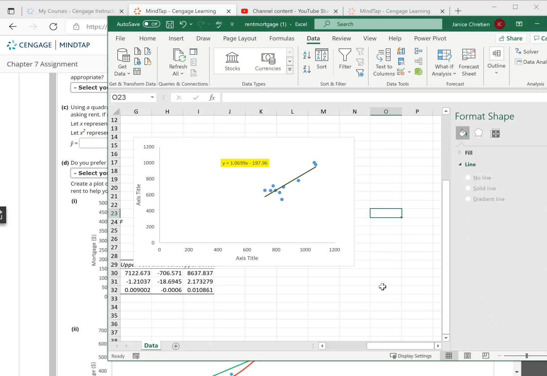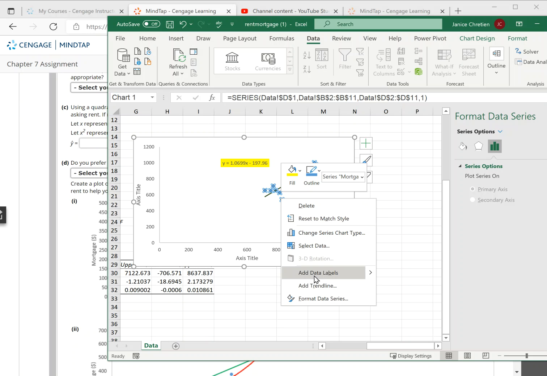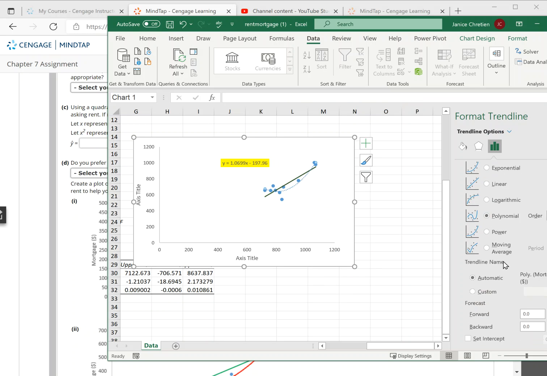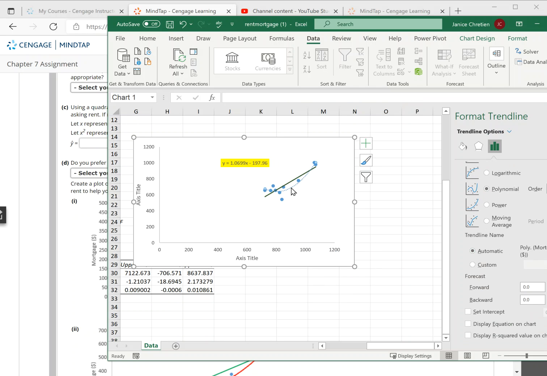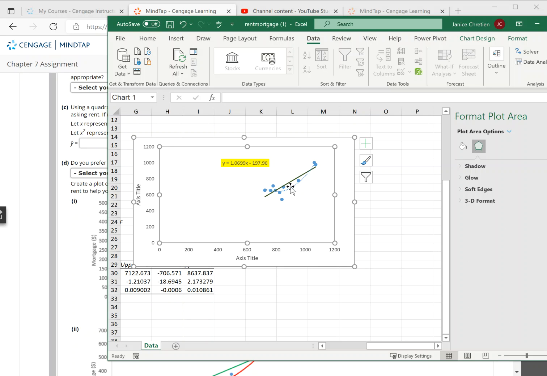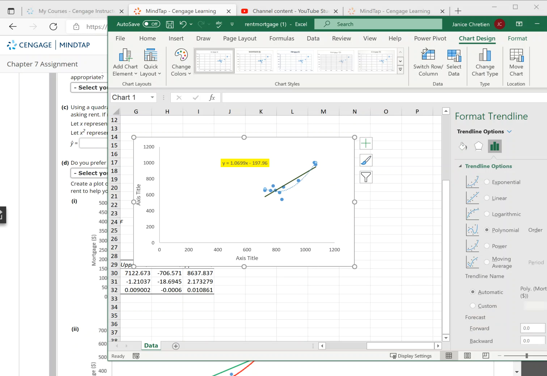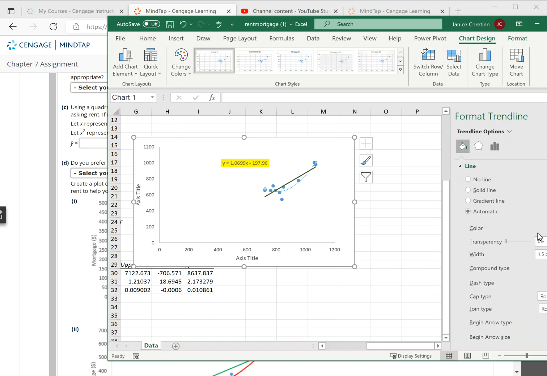And then I need to add the polynomial. Okay, so I'm going to right click and say add a trend line, and I'm going to say polynomial, and there it is. And then I'm going to make it, format trend line, and I'm going to make it red, and I'm going to make it solid so it's easier to see.